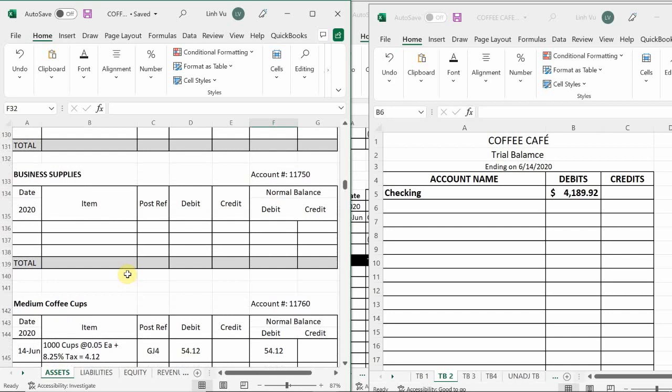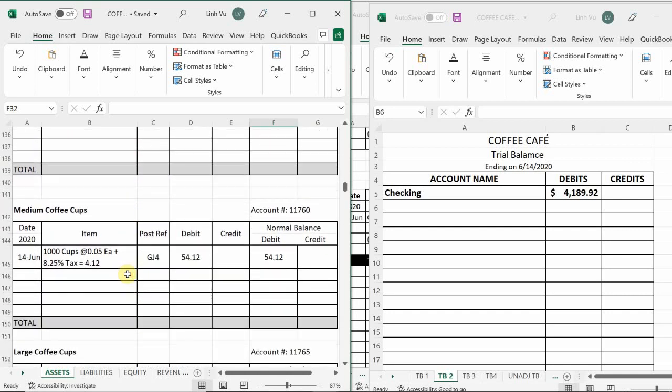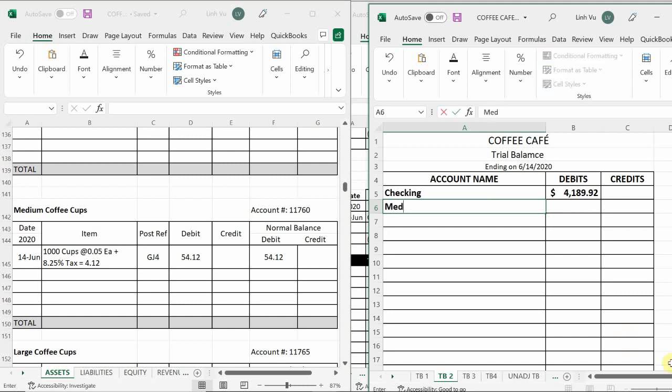How about business supplies? Yes, we did buy some business supplies, right? Our very first thing that we bought was medium coffee cups. So you can shortcut, you can abbreviate all you want on your trial balance because this is just testing your account balances. You don't need to put full words or whatever. If you can make any shortcut, do it on the trial balance.